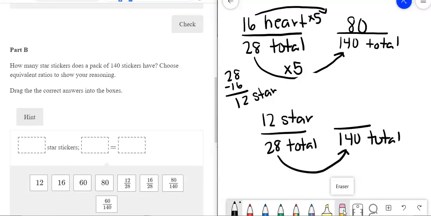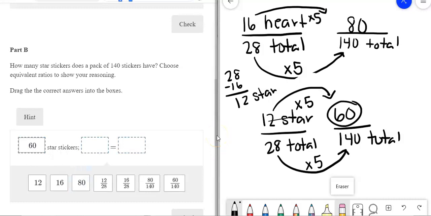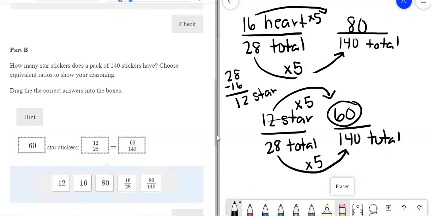Remember, to get from 28 to 140, we're going to multiply by 5. If I multiply by 5 on bottom, I'm going to multiply by 5 on top. And 12 times 5 is 60. So this time we got 60 for our answer. And the ratios we used were 12 over 28 and 60 over 140.